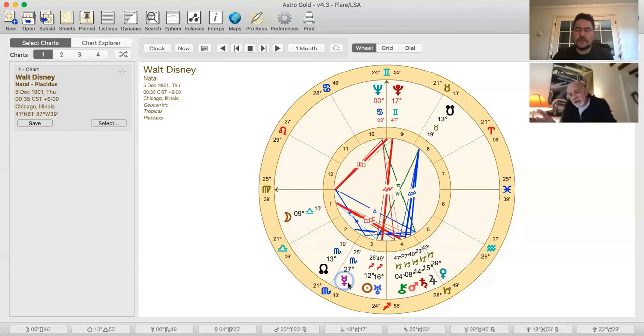And in the third house, next we would go to, and I think this is very important here, his Sun-Uranus combination. The Sagittarius, of course, is the visionary. So of course, a lot of his creative thinking came from that.